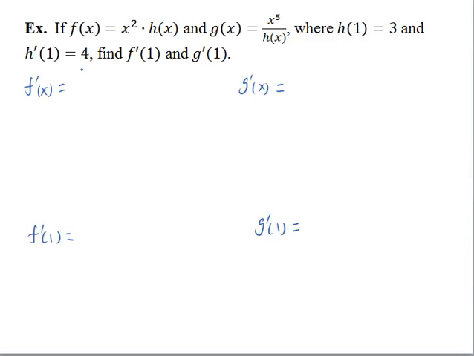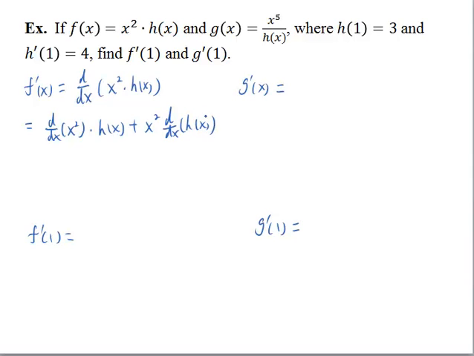So first, f prime x is the derivative of x squared times h of x. By the product rule, it is the derivative of the first term times the second term plus the first term times the derivative of the second term. So the derivative of x squared is 2x, and the derivative of h of x is h prime x.